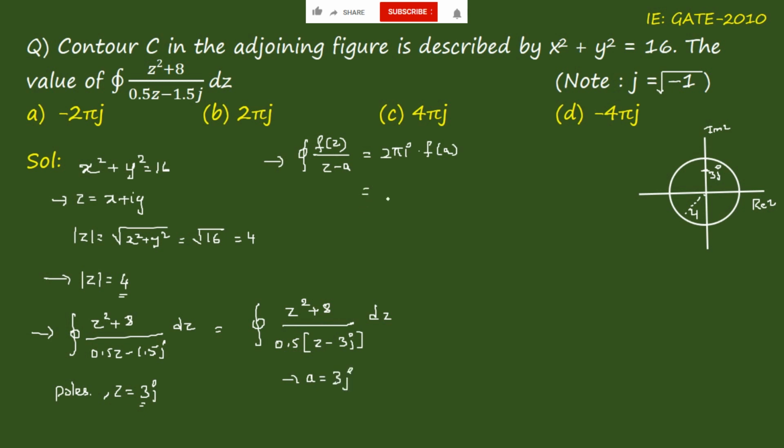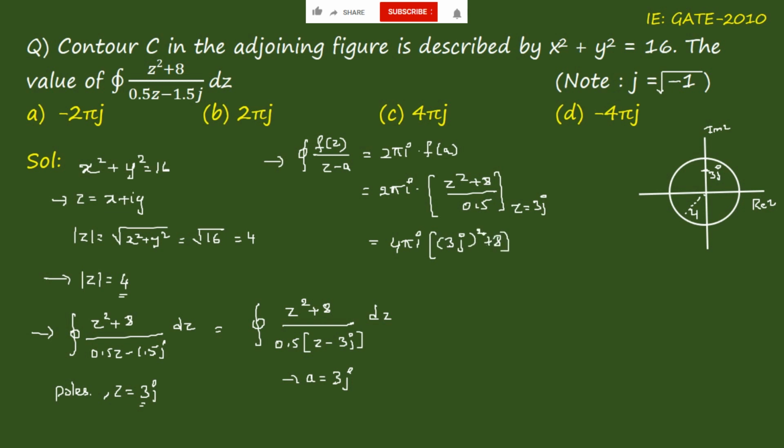So substituting here we get 2 pi i into (z square plus 8) by 0.5 at z is equal to 3j, right? Which is equal to, when you bring the 0.5 up it becomes 2, 2 into 2 becomes 4, 4 pi i into (3j) whole square plus 8.